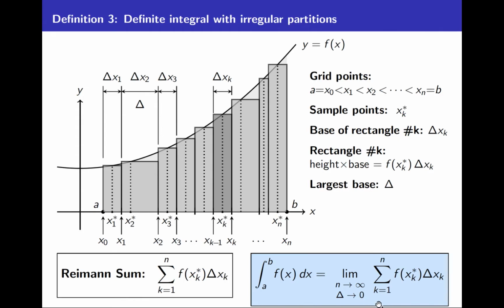So here the number of rectangles is like before going to infinity, but we also have to rig into the system that the thicknesses of all of the rectangles are going to 0, because we no longer have just a delta x. We have n different delta x's in this setup.